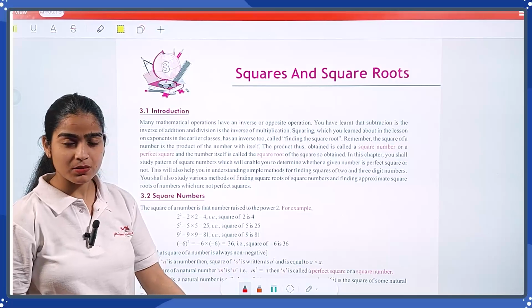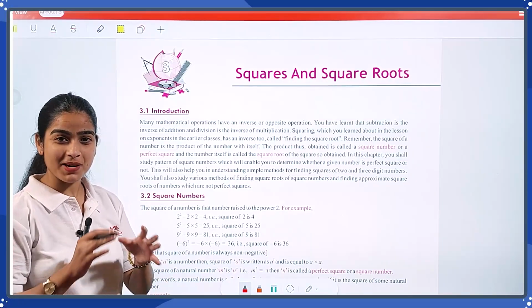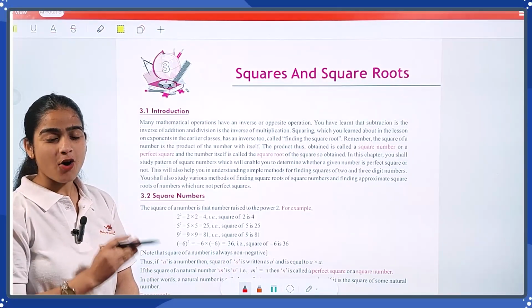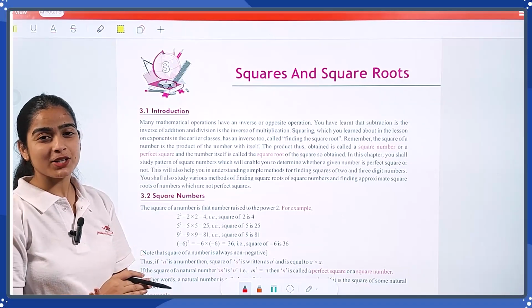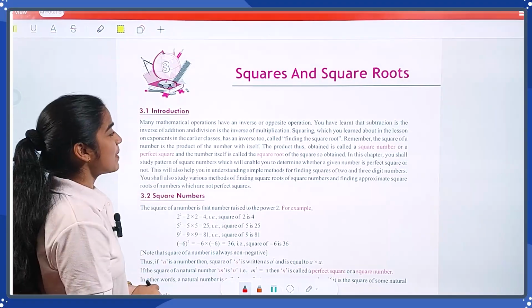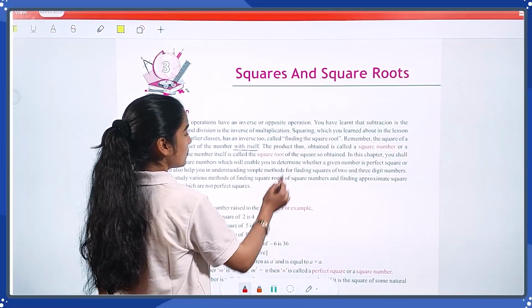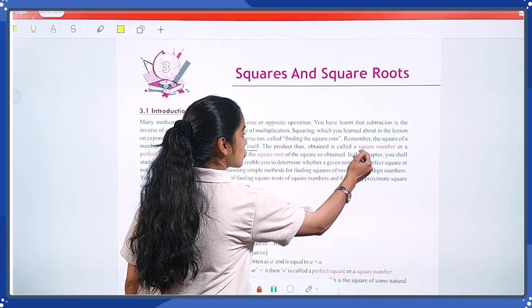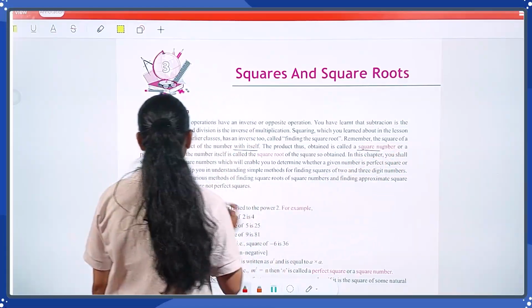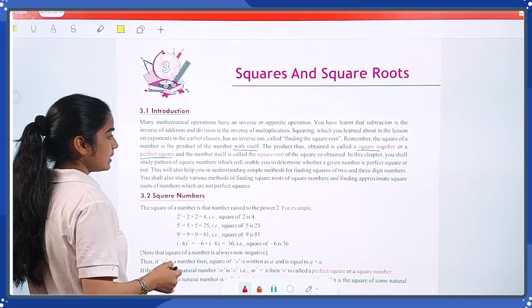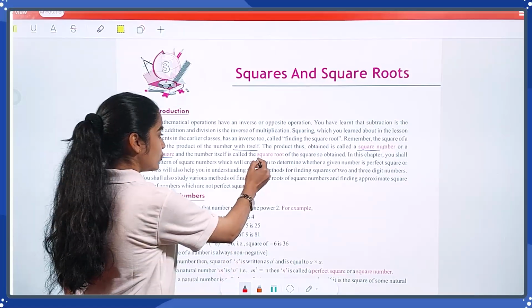First we multiply a number by itself, and then we find which number we have to multiply twice to get this number. Remember, the square of a number is the product of the number with itself. The product thus obtained is called a square number or a perfect square, and the number itself is called the square root.